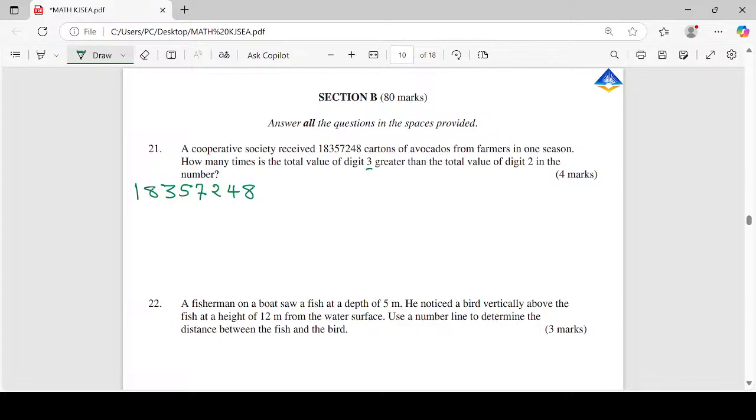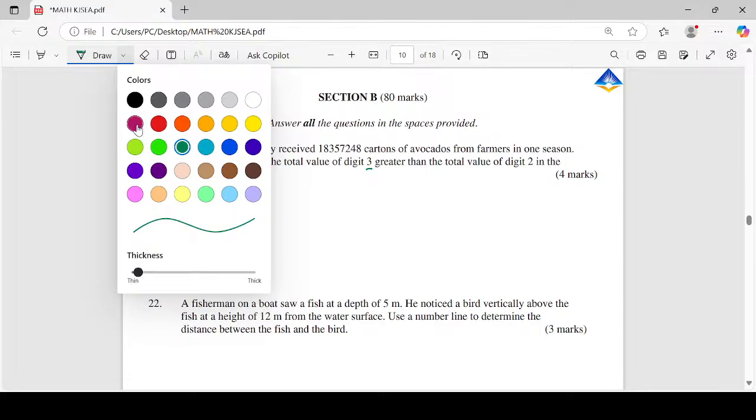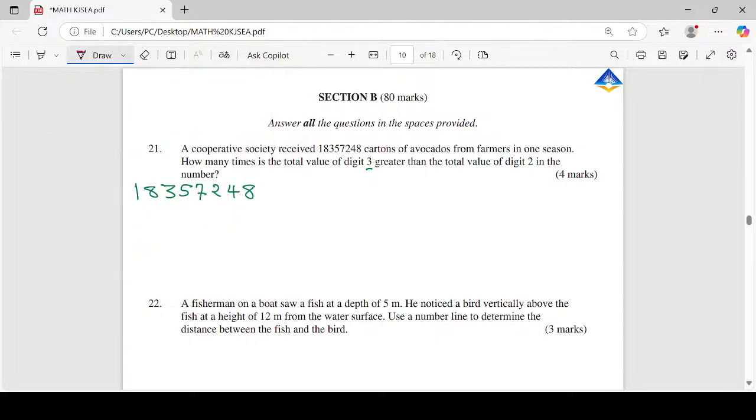I start writing zeros from the right-hand side up to where the 3 is, then I insert the 3. So the number formed is 300,000.